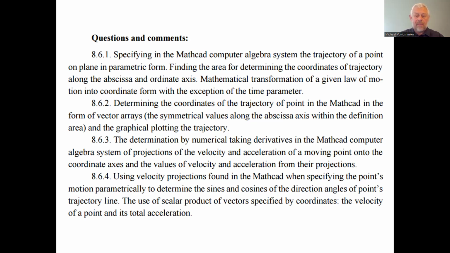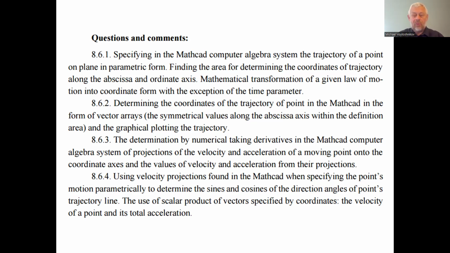We can use the approach to find the scalar product of the acceleration and velocity, having acceleration and velocity specified in the coordinate form. And then we have to divide this scalar product by the magnitude of the velocity. We will have the magnitude of the tangential acceleration.